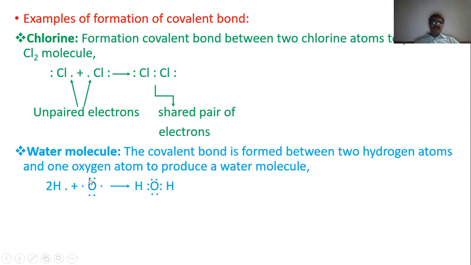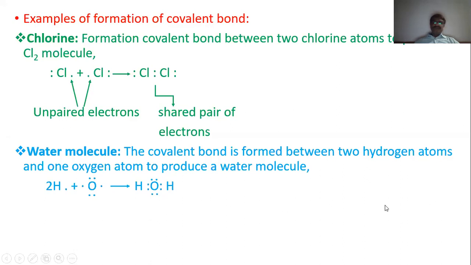That means 2 and 2 make their pairs, while the 1 each will not make a pair, and it will pair when the two hydrogen atoms come near. Okay, so this is a shared pair, and the water molecule is formed. So this is again a covalent bonding between H and O, H and O.